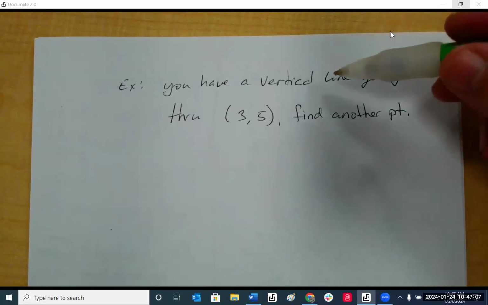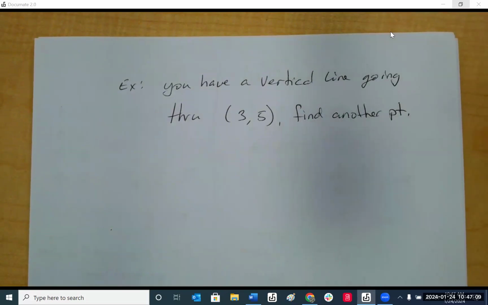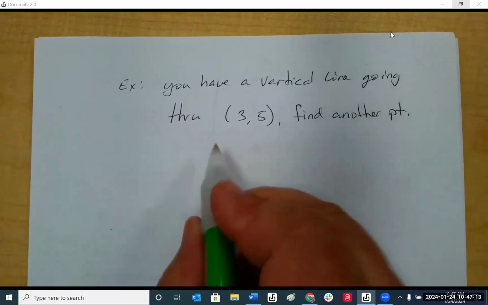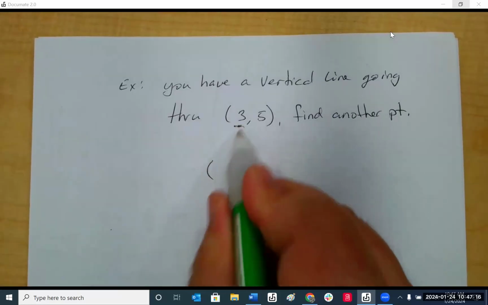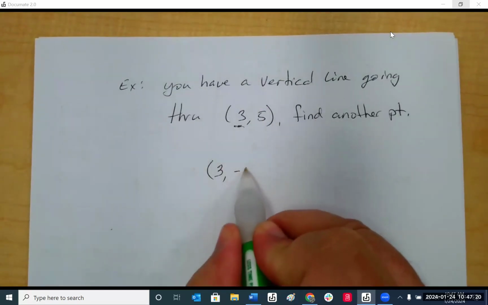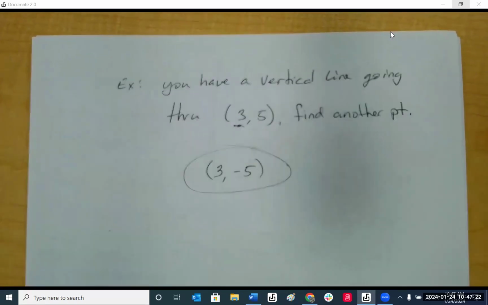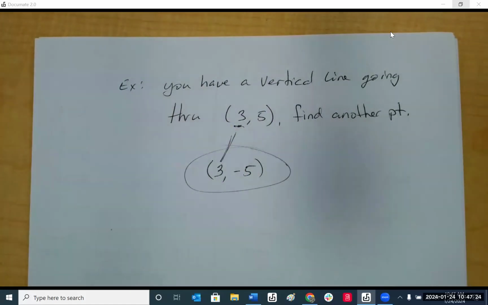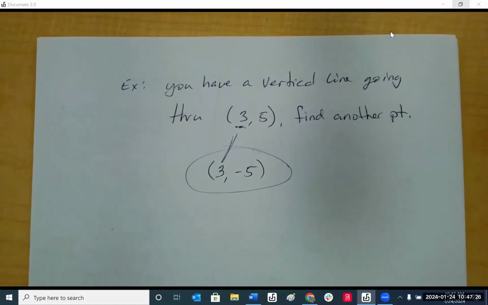If it's a vertical line, what do we know about it? It has the same x values. So the next point has to have the same x value. It's got to have a different y value. So I can have this, and there's my answer. As long as the x values are the same, it's a vertical line. What I'm saying is, if you understand what the question is saying, finding the answer is easy.